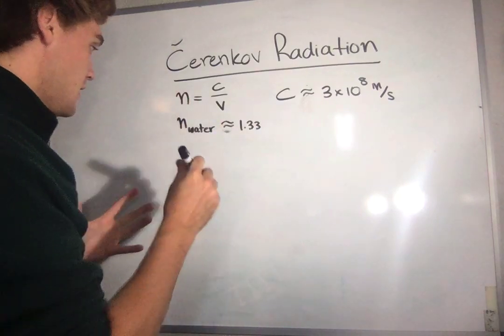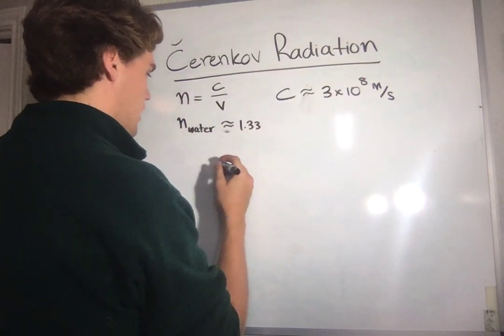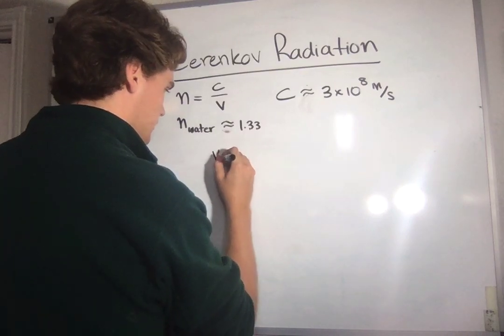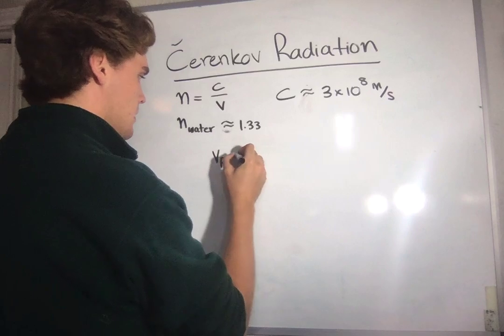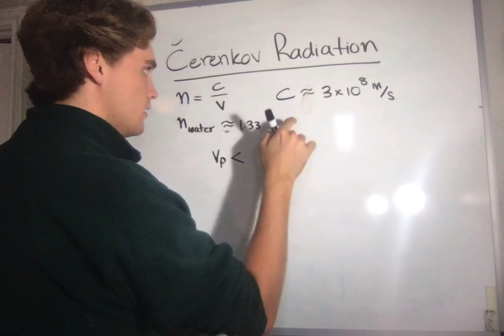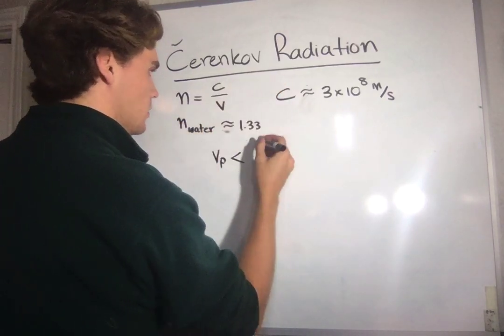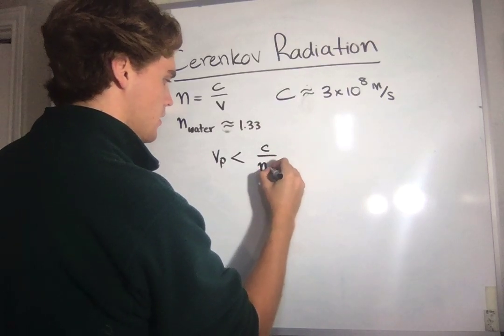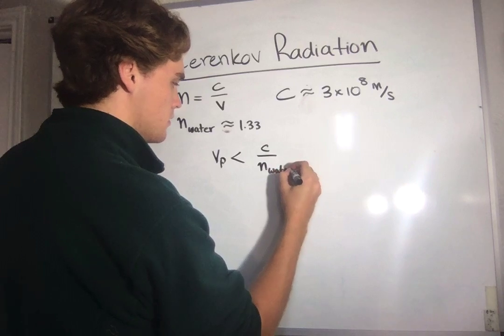And what that's saying is, if I have a particle that is traveling with a speed, vp, the speed of my particle, and that is greater than c over n of my material, and we're going to say water, and you'll see why.